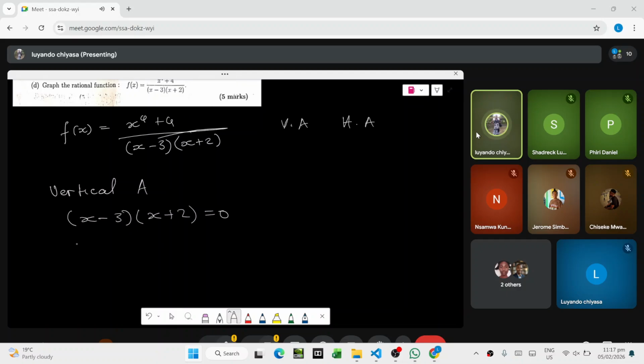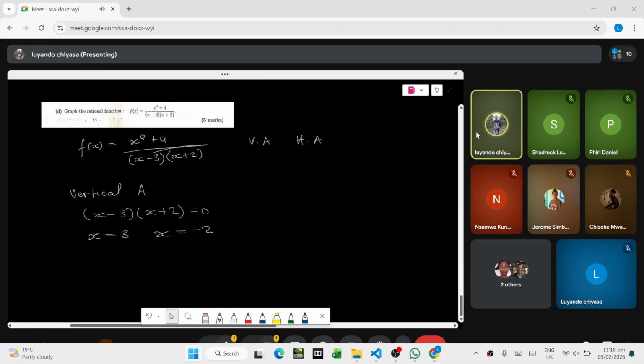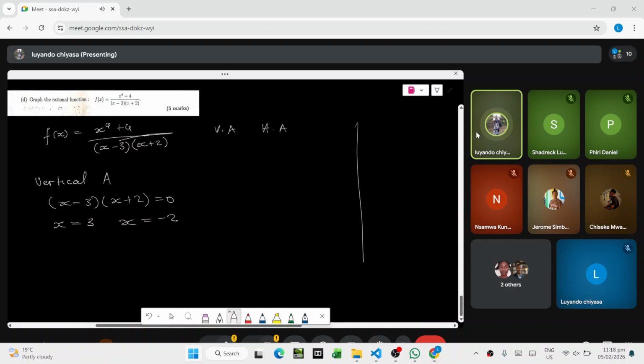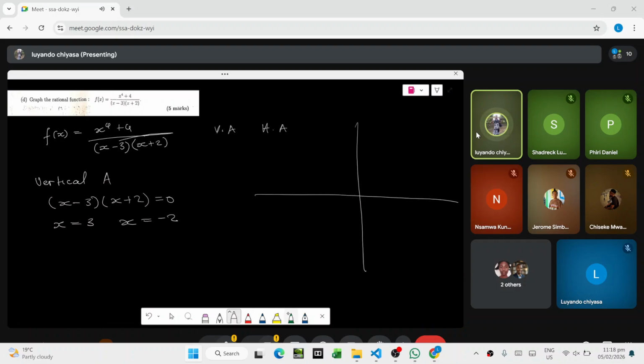What you get will be x is equal to 3, and x is equal to negative 2, right? These are going to be our vertical asymptotes. So if the graph was here, our asymptotes would be at negative 2 and at 3.